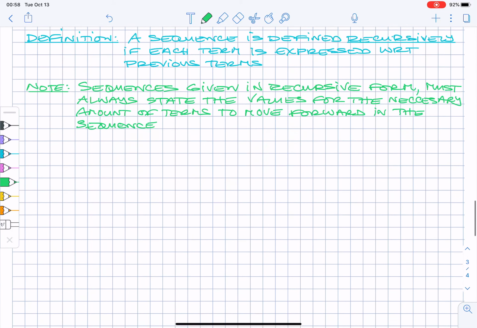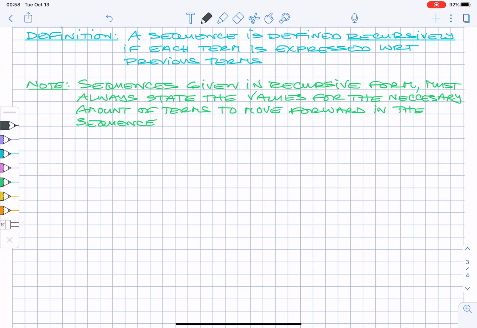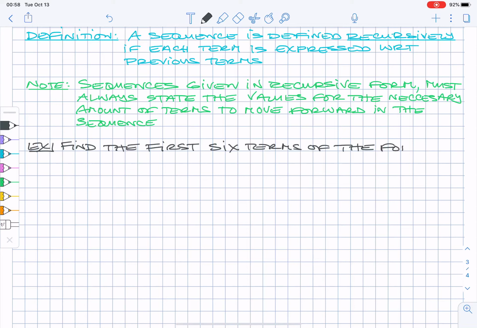Okay, so what does this mean? Example: find the first 6 terms of the following recursively defined sequences.